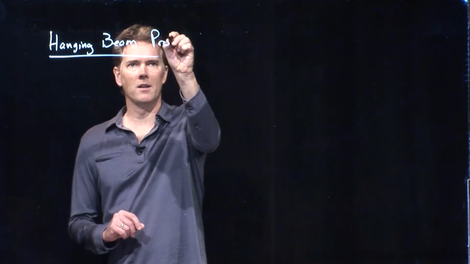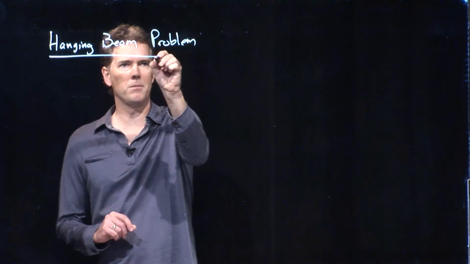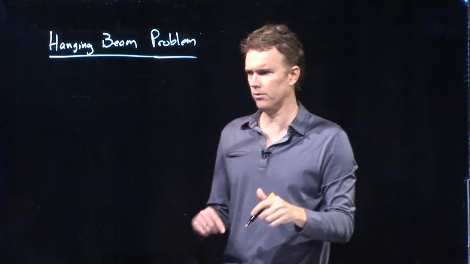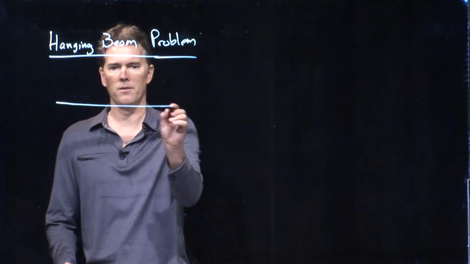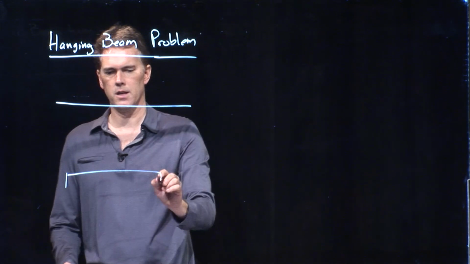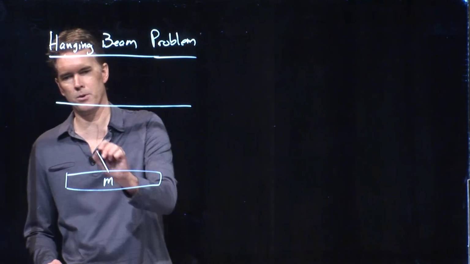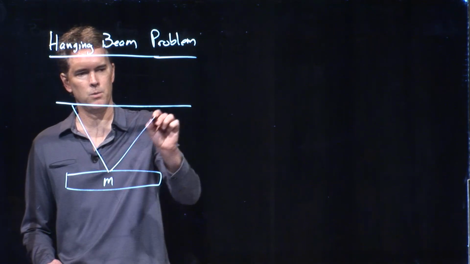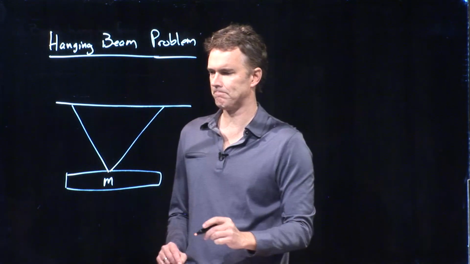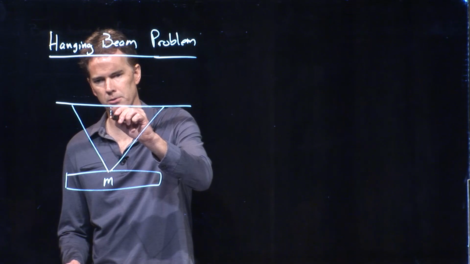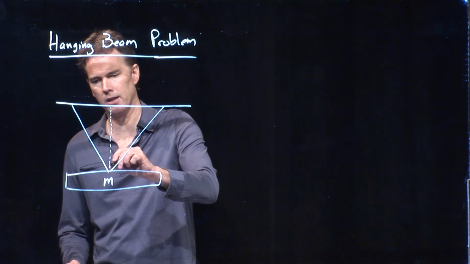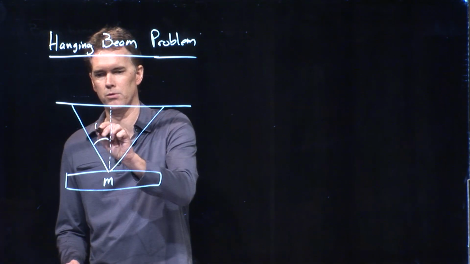And the idea is we have a big heavy beam that's hanging from 2 cables, and we need to figure out what the tension is in those 2 cables. So here's our beam M. We have 1 cable going up like that. We have 1 cable going up like that. And we're going to tell you what the angle is for those 2 cables.